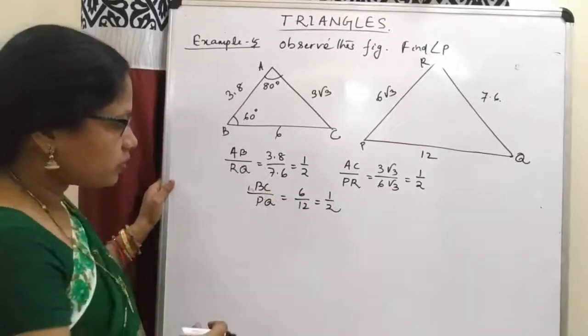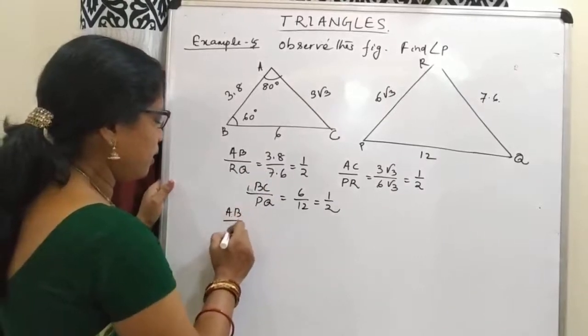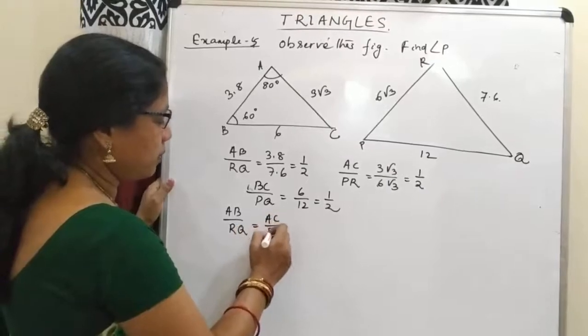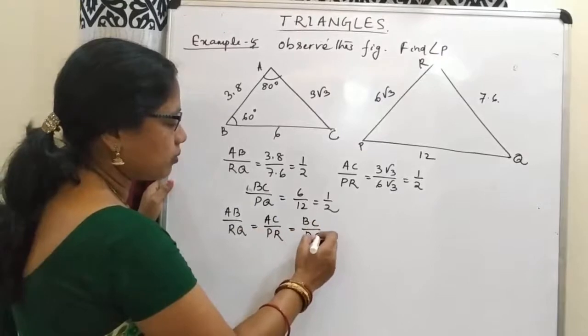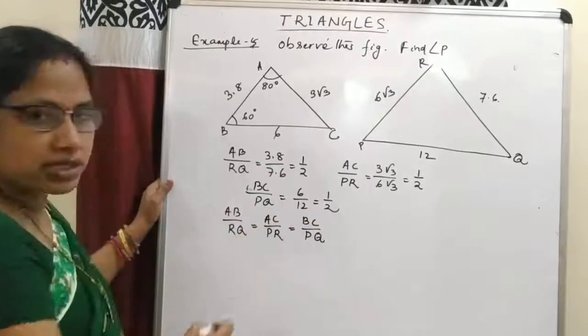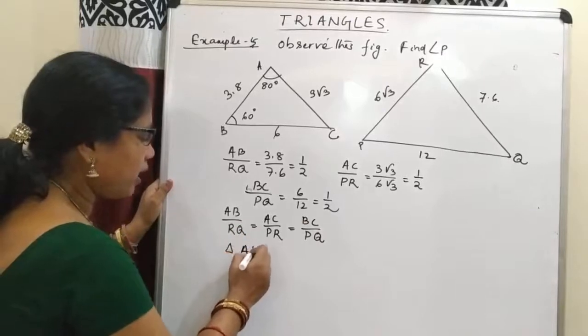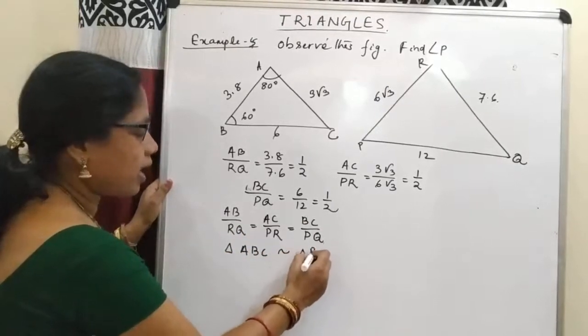So here we observe that AB by RQ is equal to AC by PR is equal to BC by PQ. So by using this relationship, we can conclude that triangle ABC is similar to triangle RQP.